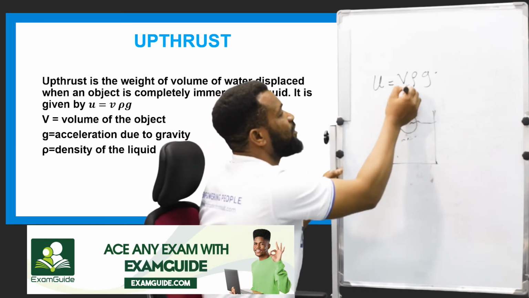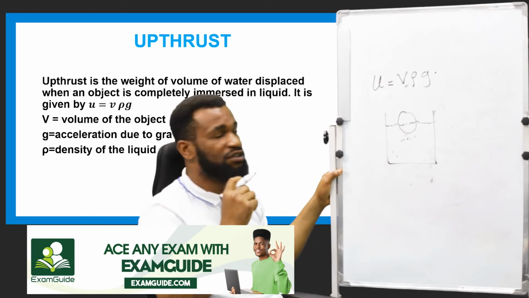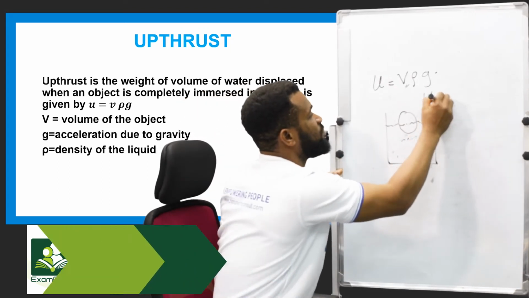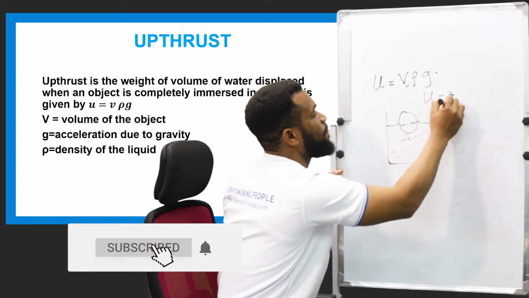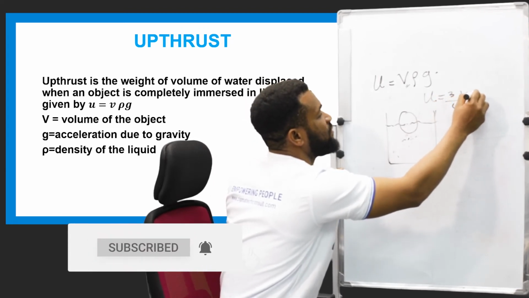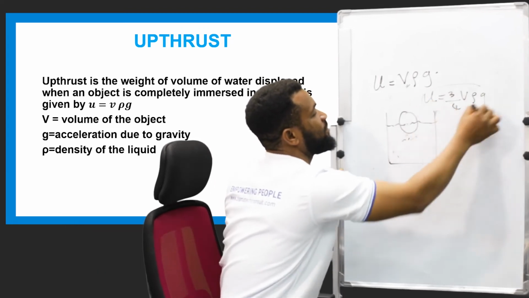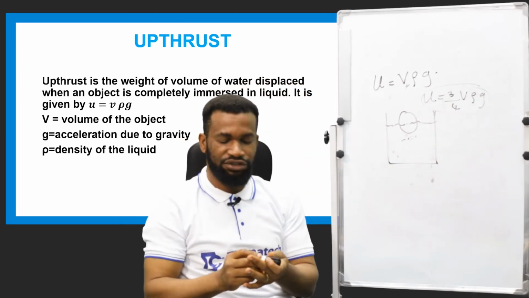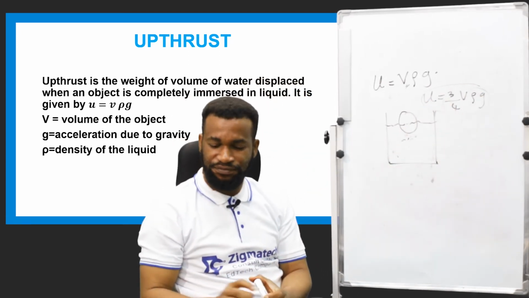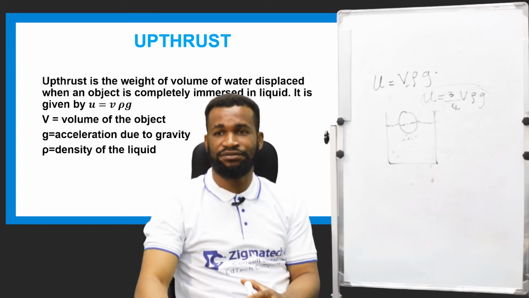In that case, this volume will no longer be a full volume. The upthrust will now change to, let's say, 3/4 V, density of the liquid and acceleration due to gravity. These are going to be used in subsequent problems as we go further.